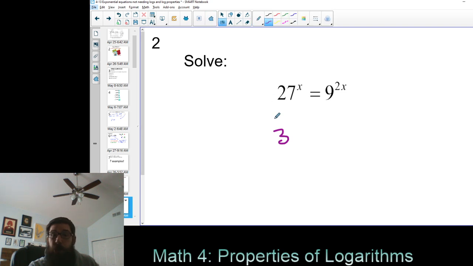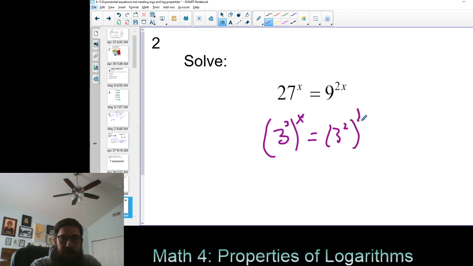If I write 3 cubed, this left portion here is 27. I've got 27 on the inside raised to the x power. These are equivalent. If I repeat the same on the right side, instead of 9, I'm going to write 3 squared, but it's raised to the 2x.